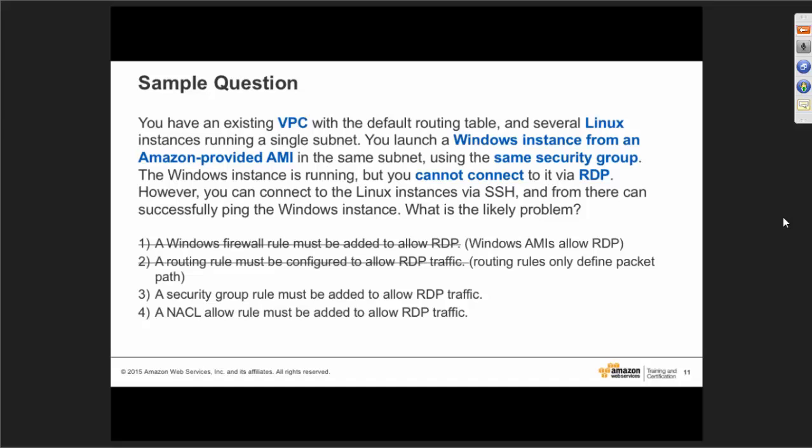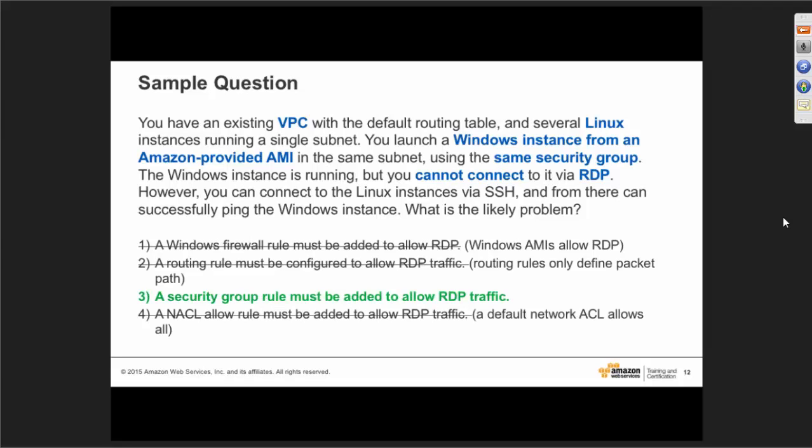And/or a network ACL rule must be added to allow RDP traffic. So again, by default, the network ACL is allow by default, but the security groups are deny by default. So you have to open that rule at the security group level.